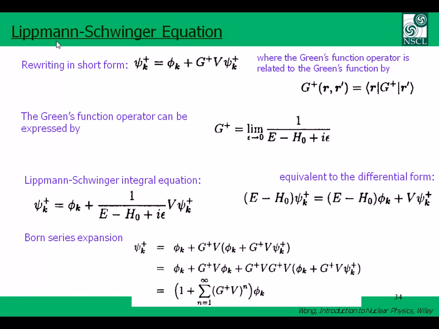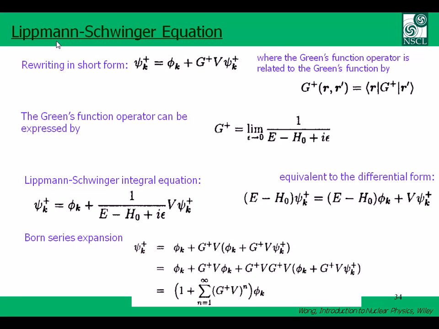This form suggests, I pointed this out and I'm now going to milk this through, specific things that you can do. An obvious thing is iteration. You've got a psi on the left and a psi on the right, so you can just replace the psi in there and iterate the equation. And that's basically what is done in this line. So where there is psi, I replace it again with that equation.